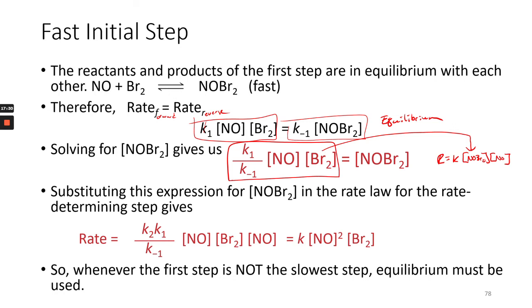By plugging it in, I get my rate is equal to all of these K's times NO. All these K's can be combined to just be a generic K. I combine my two NOs to make it NO squared times Br. And lo and behold, this is the rate law that we started with at the beginning. So whenever the first step is not the slowest step, you must use equilibrium here to substitute out the concentration of the intermediate.